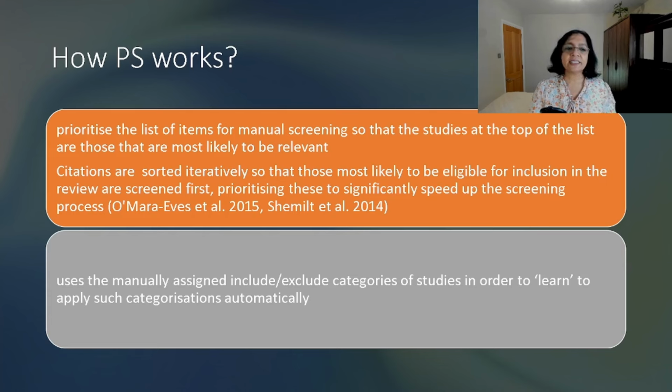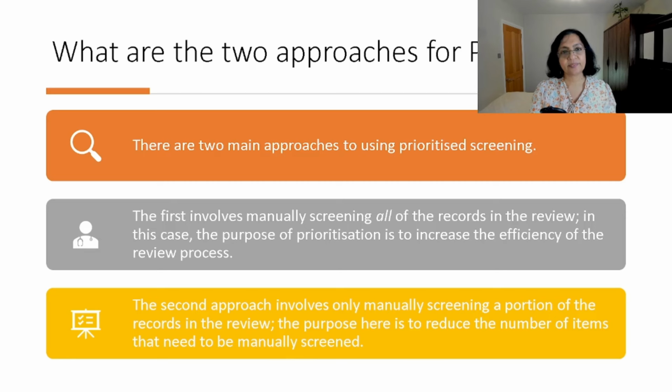So we get the relevant studies to the top of the list. Citations are sorted iteratively so that those most likely to be eligible for inclusion in the review are screened first. So prioritizing these relevant citations speeds up the screening process.